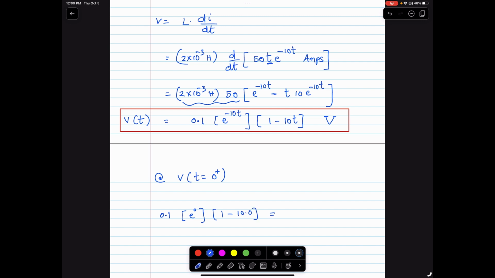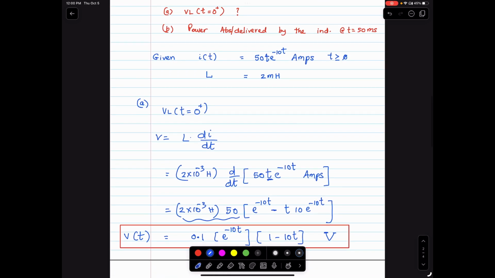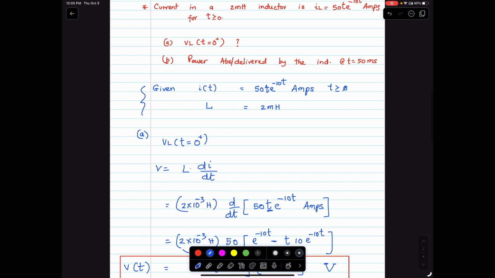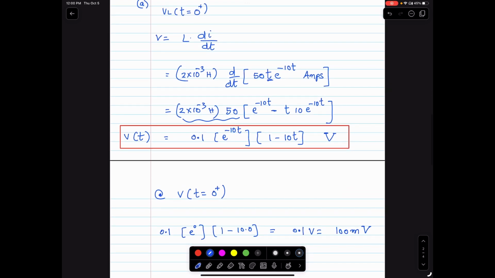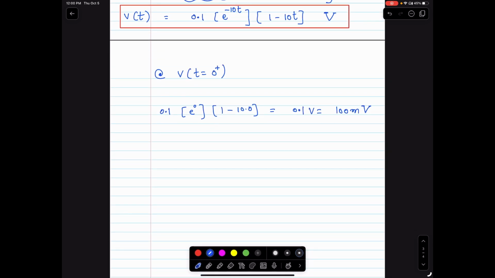What we have is 0.1 volts, or 100 millivolts. Pretty straightforward problem. All I did is look at what is given and which formula applies for the given variables and the unknowns. So V at time t equals 0 plus is 100 millivolts. That's part A.